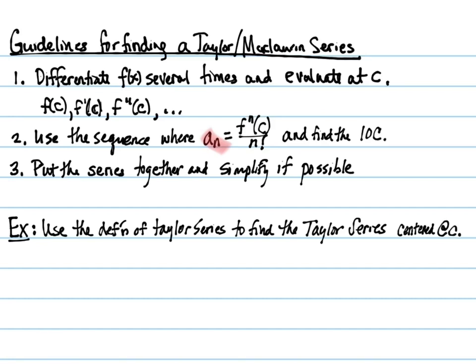And the function that we're going to do this with is e to the 2x. And our c value, as I mentioned, is going to be c equals 0.